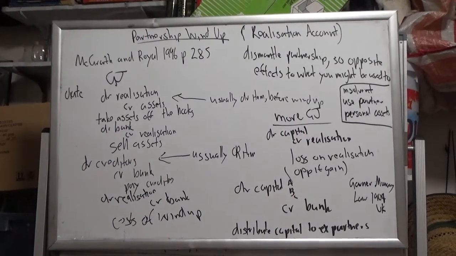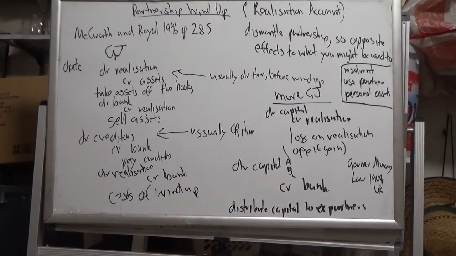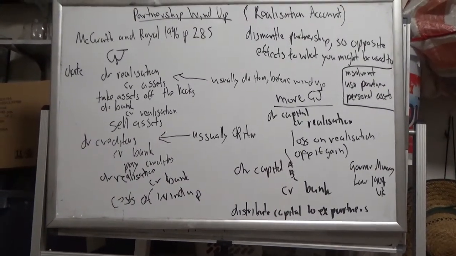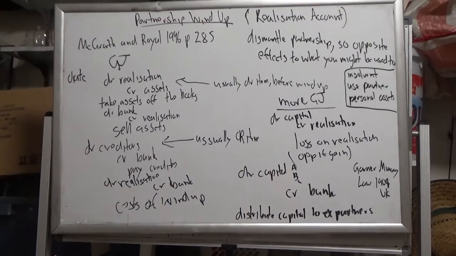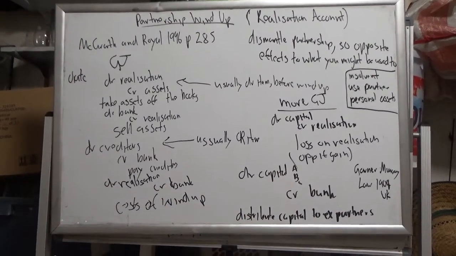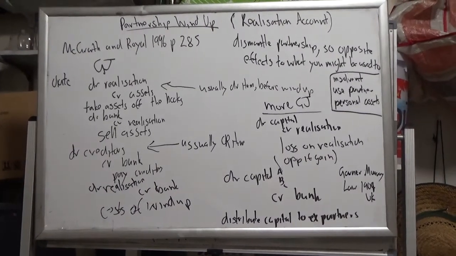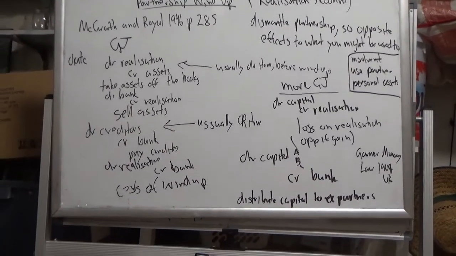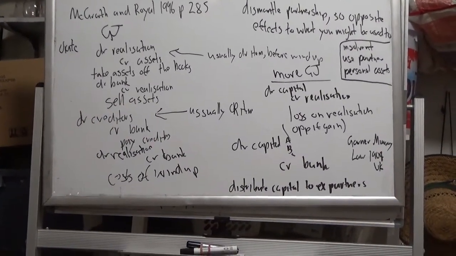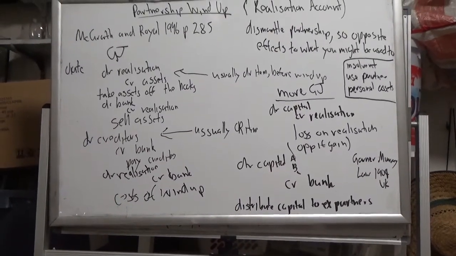If the partnership is insolvent, the partner has to put in his or her personal assets, and if they don't have personal assets, then one partner who does have personal assets has to cover the whole lot. So that's a big risk of partnerships if things go wrong. But if no partner has got personal assets, that's pretty extreme and drastic.